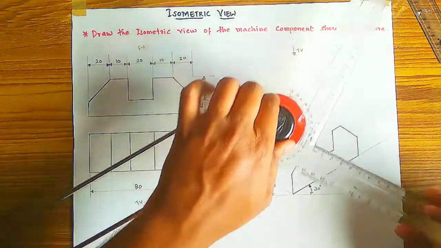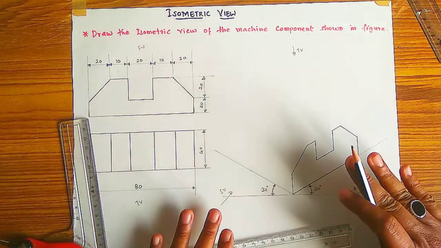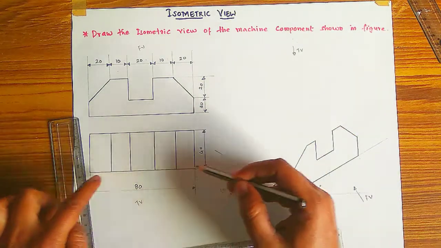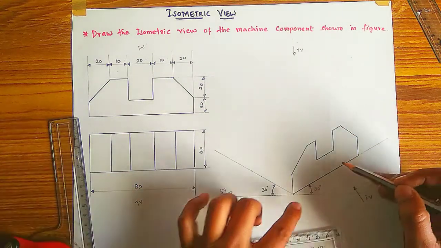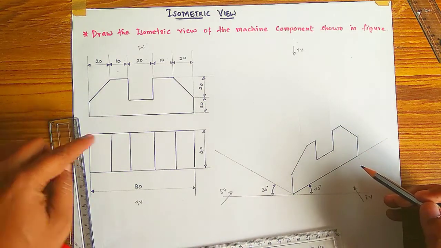Now you have to draw the top view. By standing here only you have to draw the top view. The width of this top view is 80 mm, which we already have, and the height of this line is 40 mm.